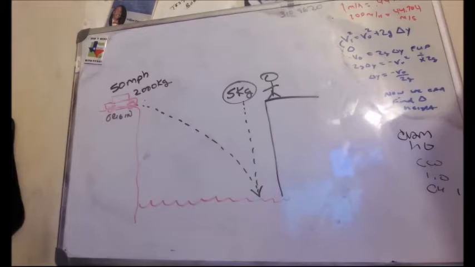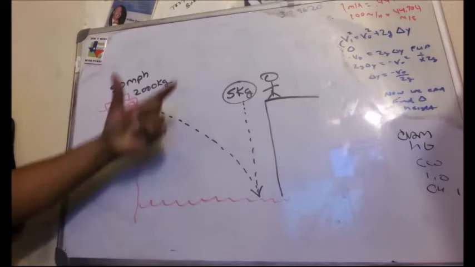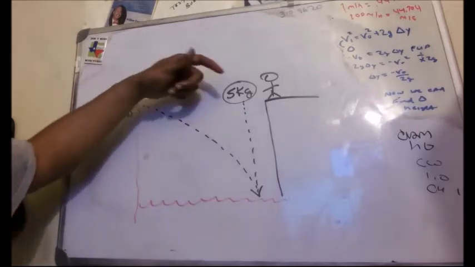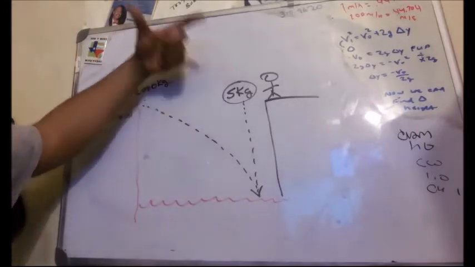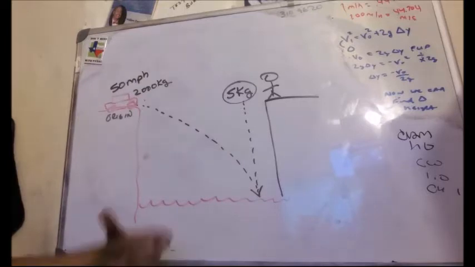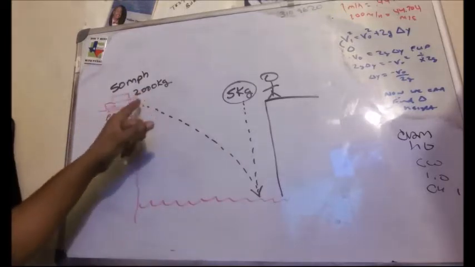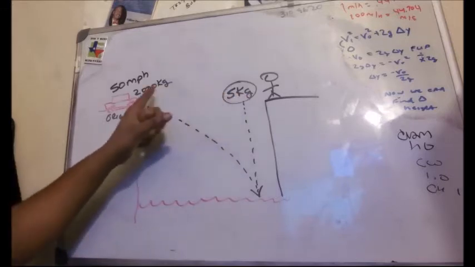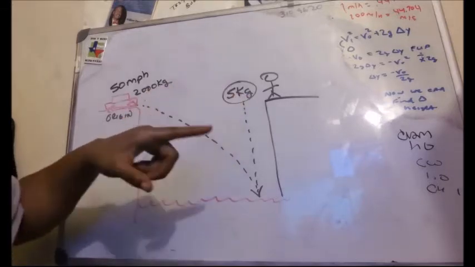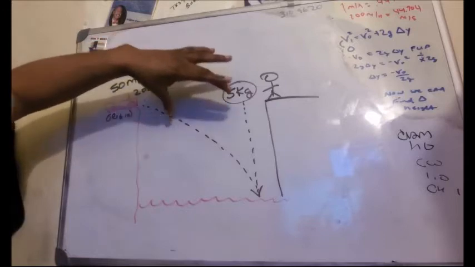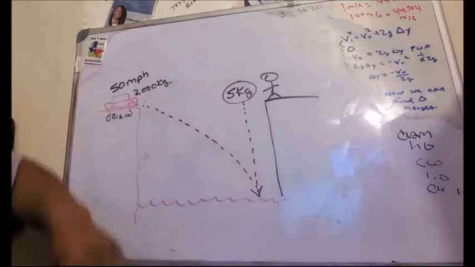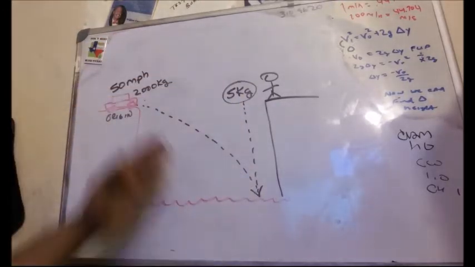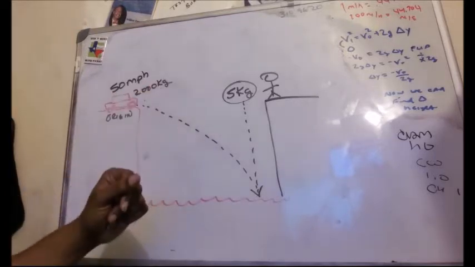Because gravity does not give a damn about the horizontal component. Like we said, on the two sides of the building, one person has a brick, one guy has a tennis ball. They drop at the same time. So once this leaves the cliff, and once this leaves my hand, even though it's 2,000 kilograms and it's 5 kilograms, the gravitational pull is still going to act, and it's going to act proportionately on each object.